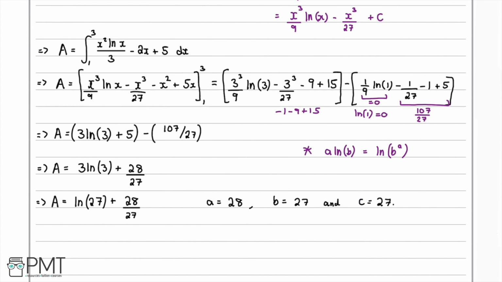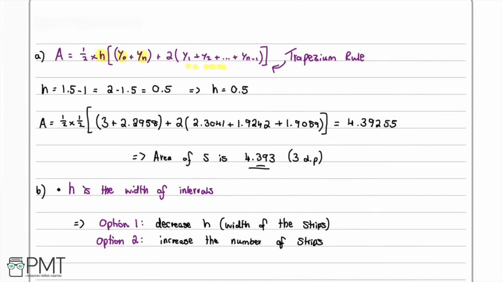And in conclusion, we then have the exact area of S, and this is written as ln 27 plus 28 over 27. So we'll now take a look back at where the marks were on offer. In part A of the question, there was 3 marks on offer. So we received our first mark for working out that h was equal to 0.5.